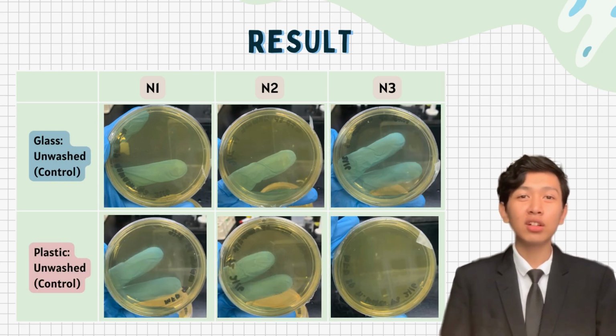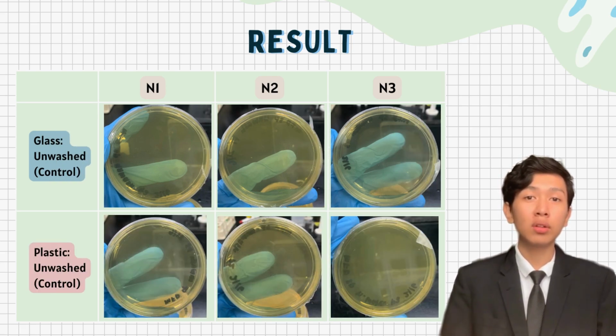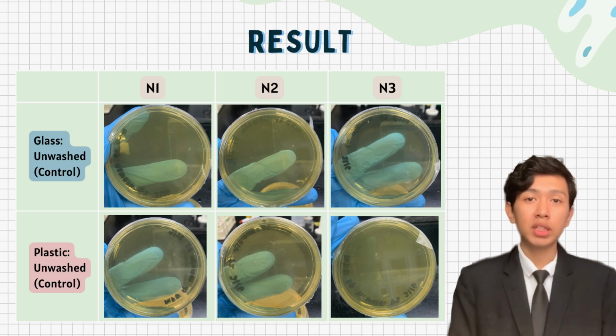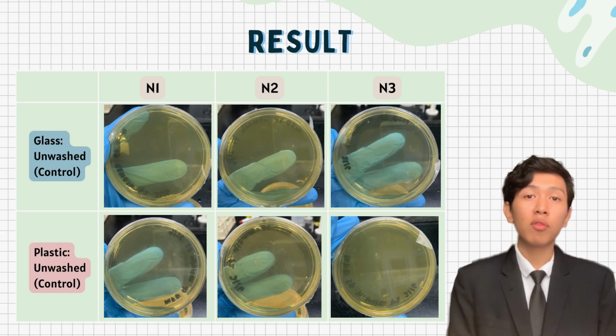The first result showed the microbiological load in unwashed food packaging jar. As shown in the picture, there is no presence of microorganism growth. This suggests that the food jar were free from microbial contamination. This result acts as the control for other cleaning methods.